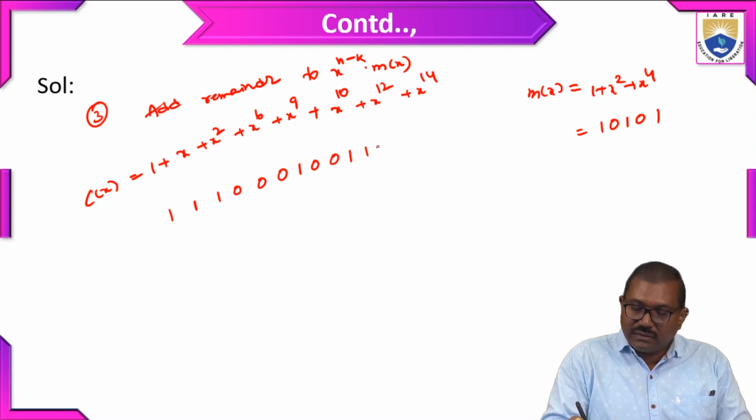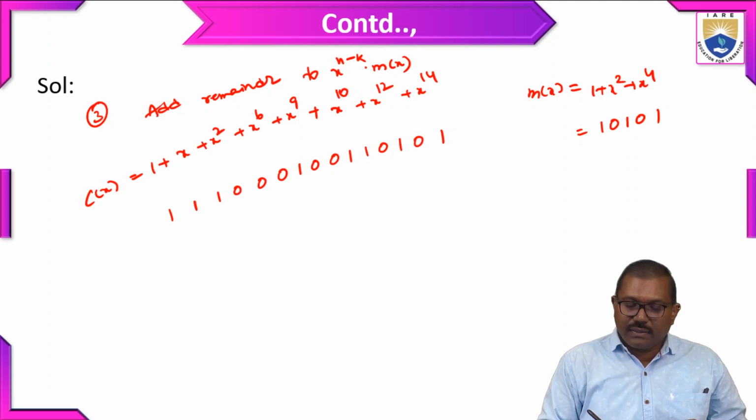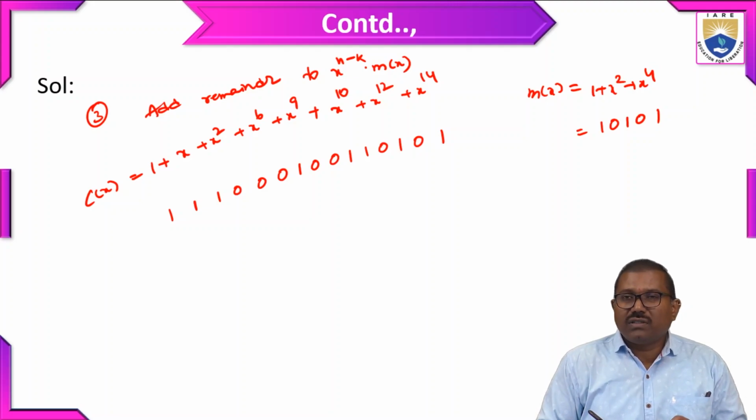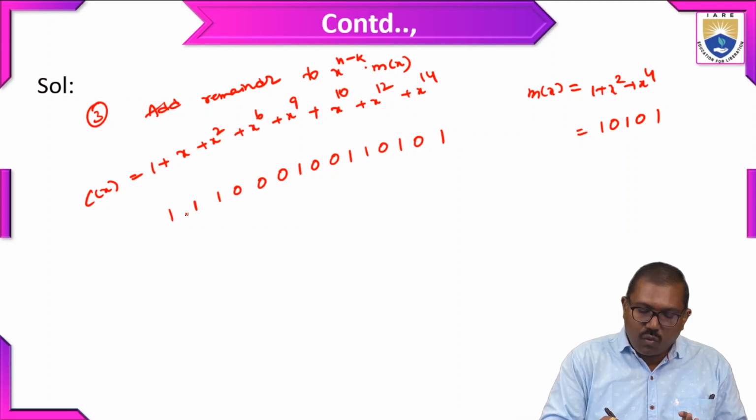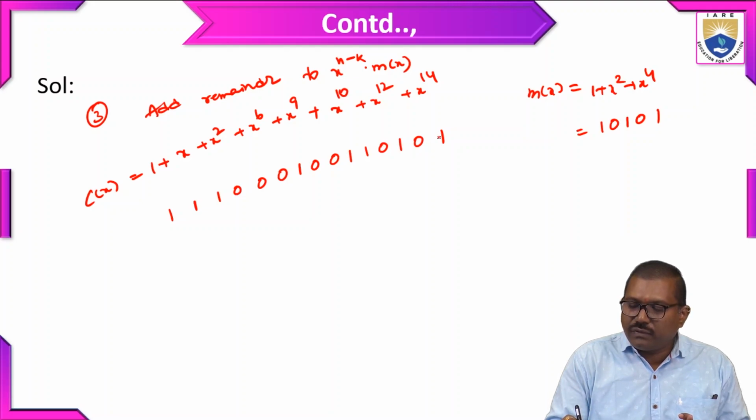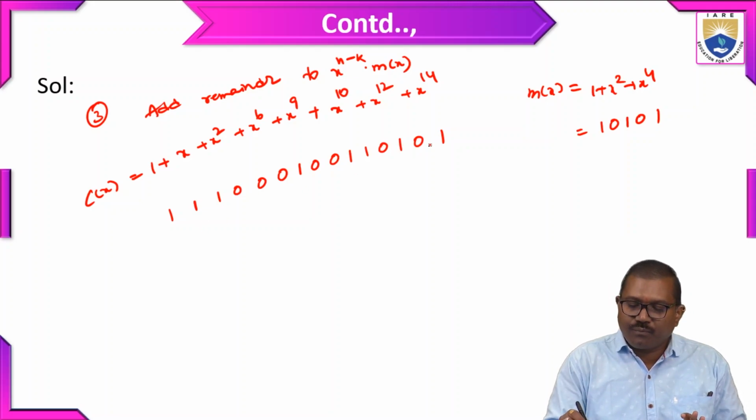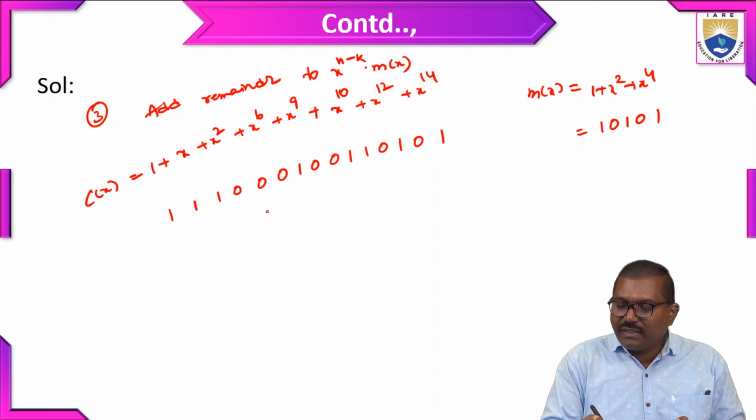Now 10 is there. 11 missing. 12 is there. 13 is missing. 14 is there. Okay. So what is the size? 15 comma 5. So now let us check: 1, 2, 3, 4, 5, 6, 7, 8, 9, 10, 11, 12, 13, 14, 15. So 15 bits are there. So this is out of 15. My message is only 5 bits. 10 parity bits are going to be added.